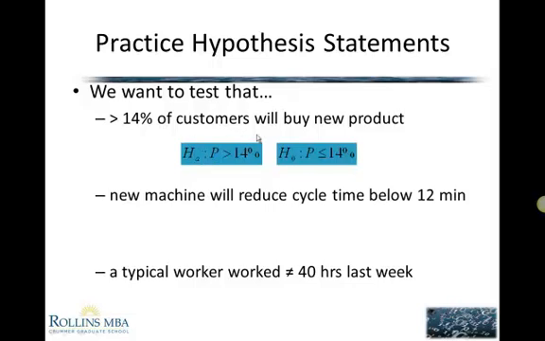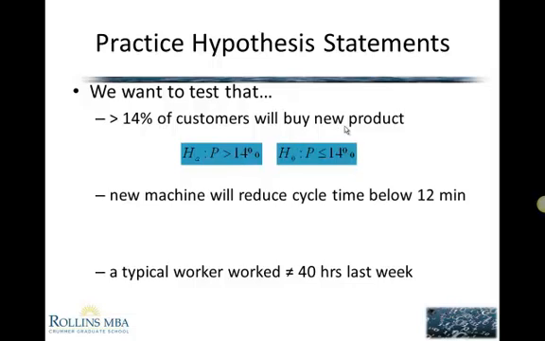And the claim itself, as captured by the alternate hypothesis statement, is that the population proportion is greater than 14% with some new product. And perhaps, as we'll see, what we'll go out and do is some test marketing of this product on a sample of customers, and we'd investigate whether or not the data supports the claim.